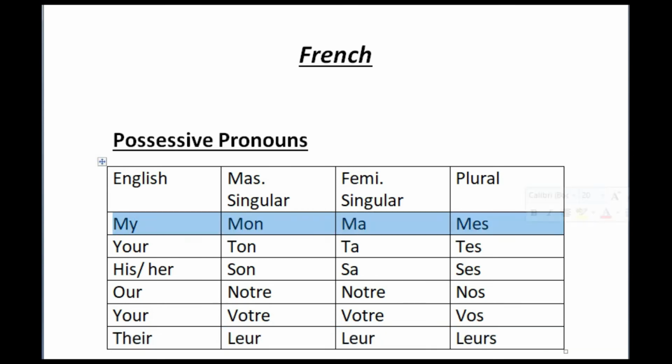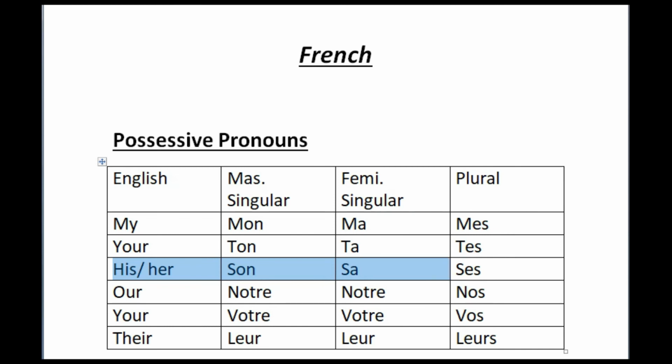Let's take a quick recap of all of these. My masculine singular, mon. My feminine singular, ma. And my plural form, mes. Your masculine singular, ton. Your feminine singular, ta. And your plural, tes. His masculine singular, son. Her feminine singular, sa.